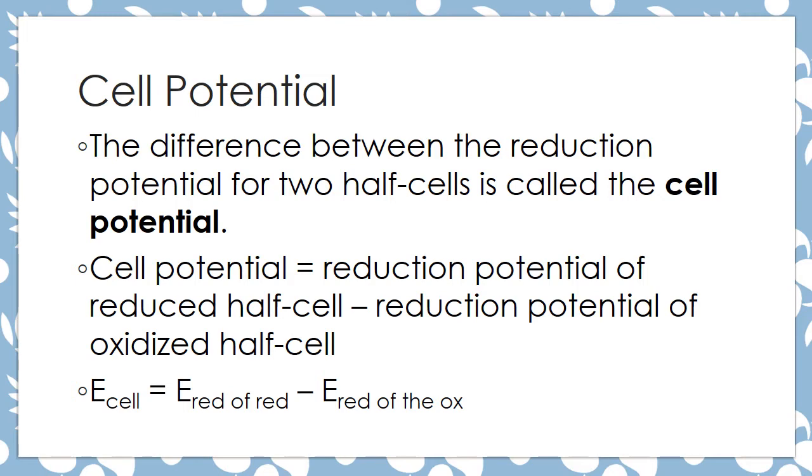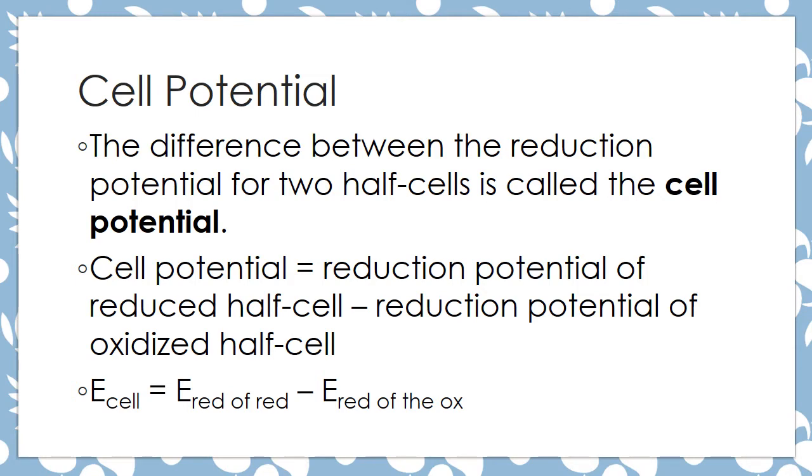So the electrical potential of a cell is the reduction potential of the reduced side, which is where the electrons are being gained, minus the reduction potential of the oxidized side, where the electrons are coming from.